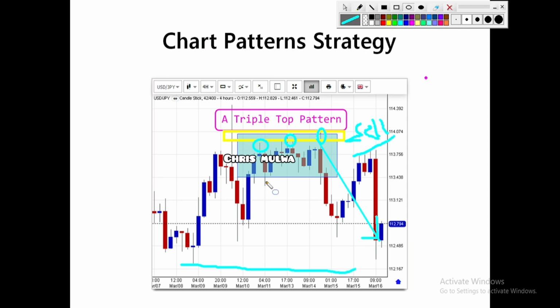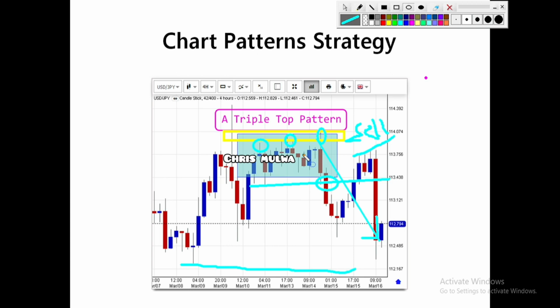So our line should be at the lowest point, the lowest point after this top was here. So this is where we should sell. We should place our sell position at that point when the market passes it after testing this zone 3 times.